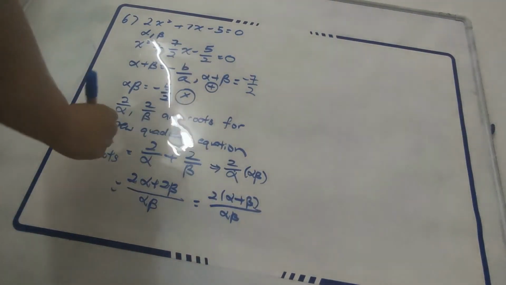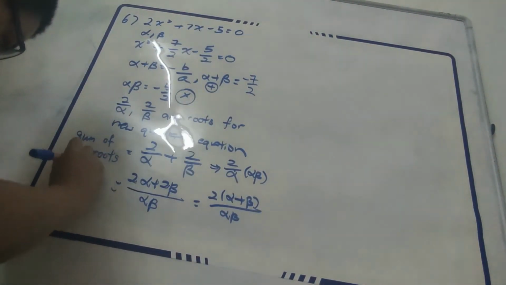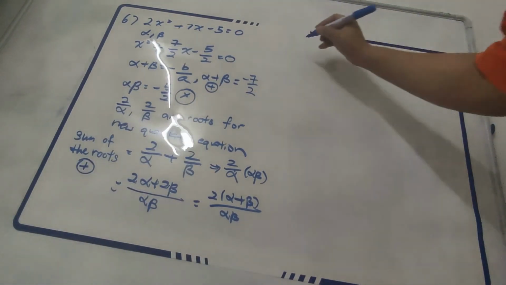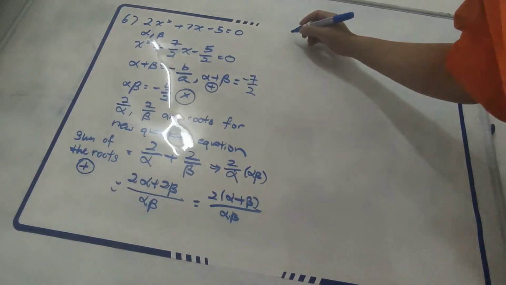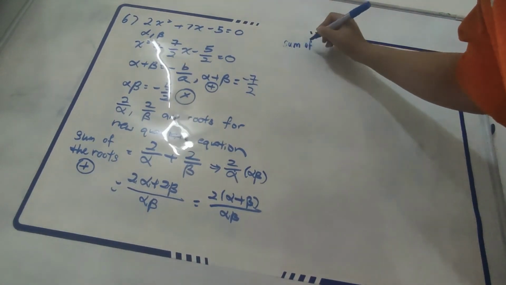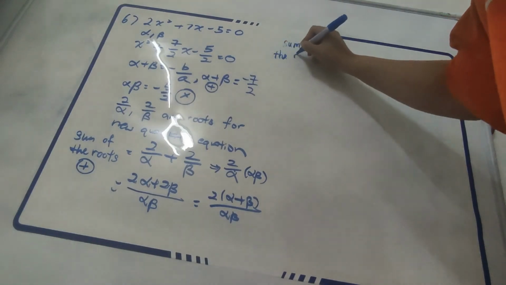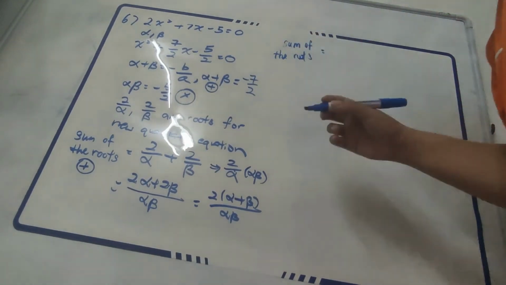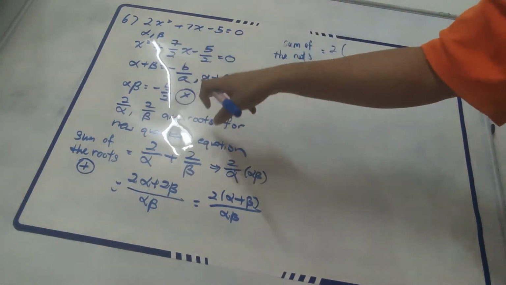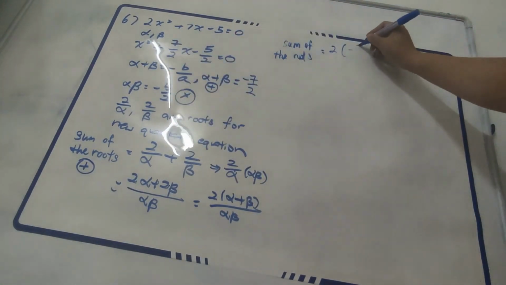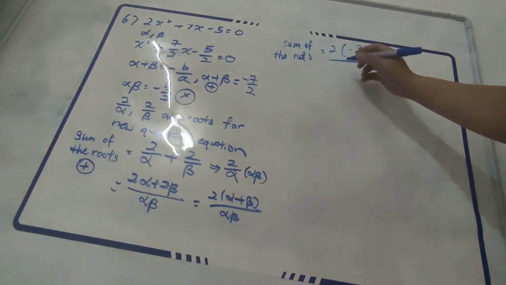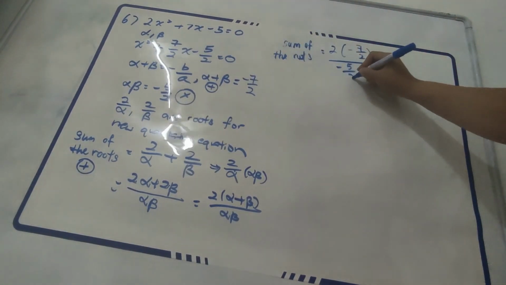I use this symbol for the sum of the roots of the new quadratic equation. Maybe I will write the whole thing. The sum of the roots equals 2 times alpha plus beta, which is minus 7 over 2, divided by minus 5 over 2.